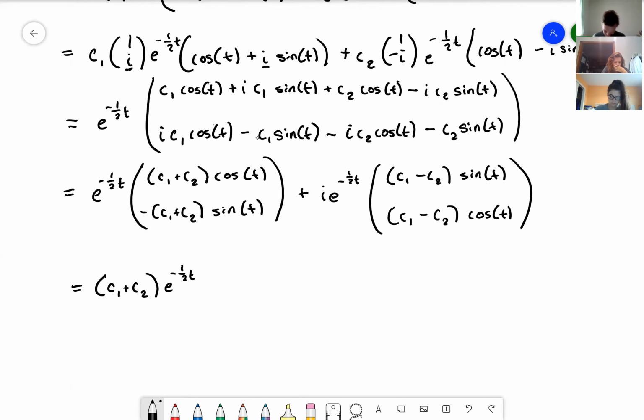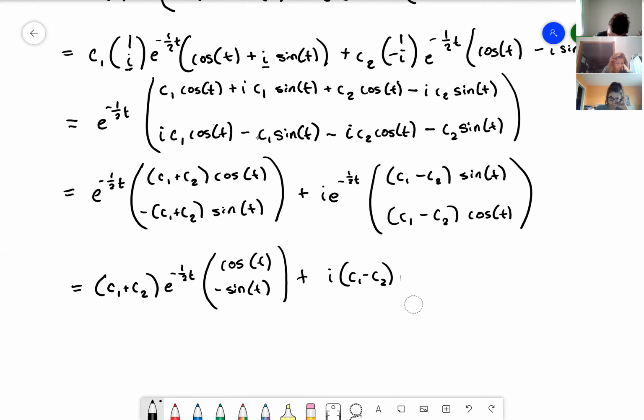Oh, got it. Okay. So what we have here is cosine of t minus sine of t plus I c1 minus c2 e to the minus 1/2 t sine of t cosine of t.